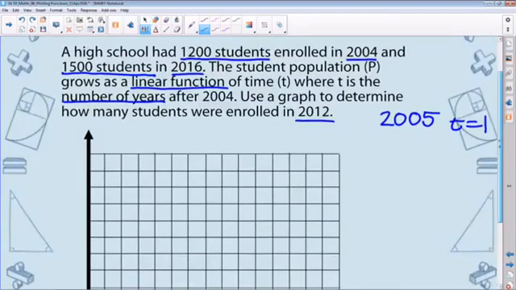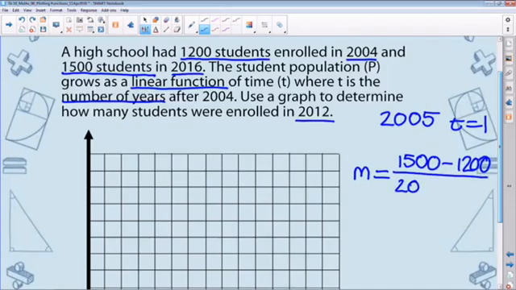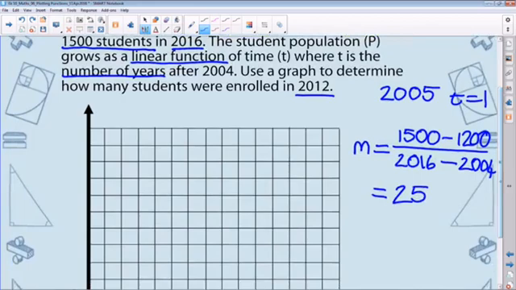So I'm just going to write over here, m equals 1,500 minus 1,200 over the number of years, which is going to be 2016 minus 2004. Now, luckily for you, I have a brilliant brain, and I've calculated this already, and it equals 25.